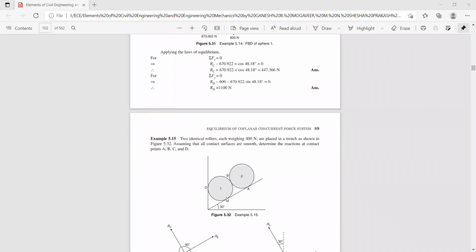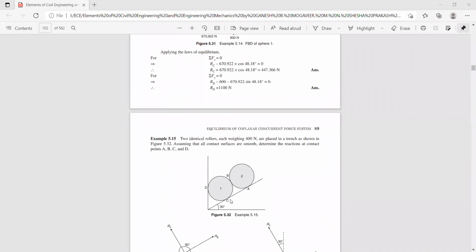So the reaction RC, you can see here from this point we will have a reaction acting like this, and if this is 30, the angle made by this RC with respect to the horizontal is 60 degree because it is acting perpendicular to the plane of contact. This angle is 90.